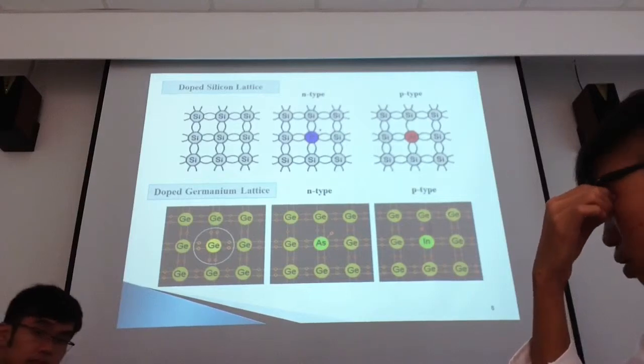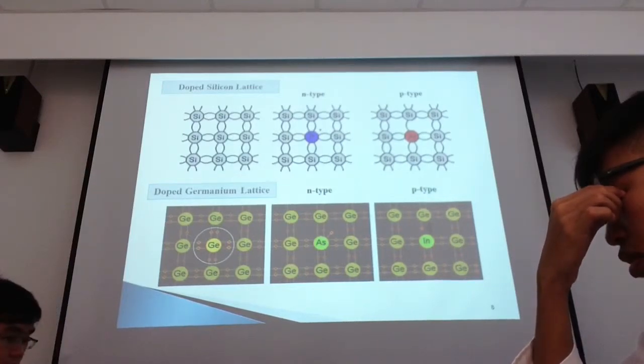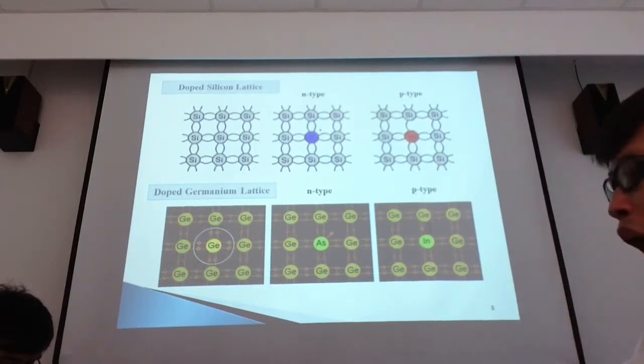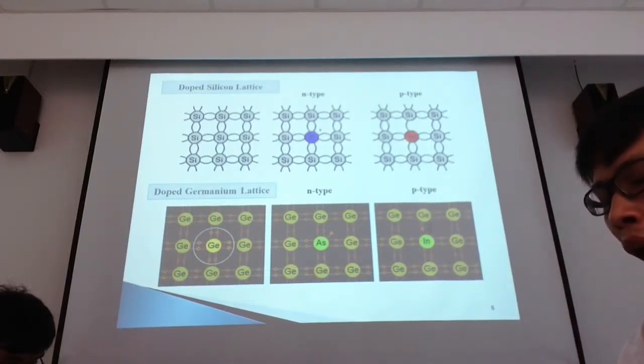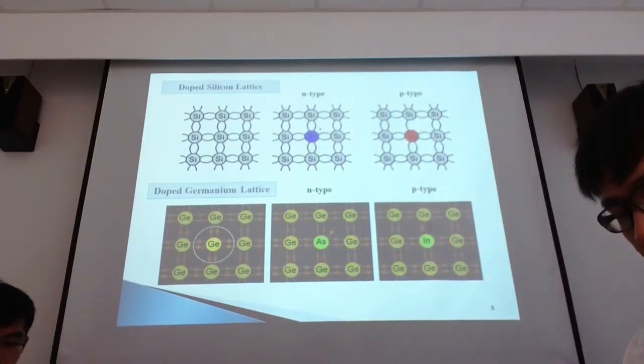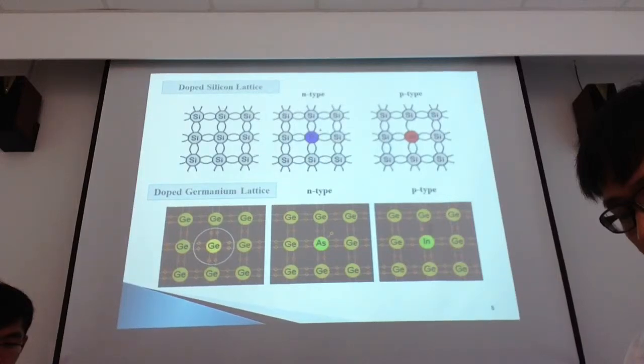It has 1 extra electron in the valence shell, so it has 5 electrons in the valence shell. Now when it comes and substitutes that silicon, because I have induced the impurities inside, phosphorus replaces silicon. 1 atom is bringing 1 electron with it. That electron is free. Now you can apply an electric field and conduct through it.